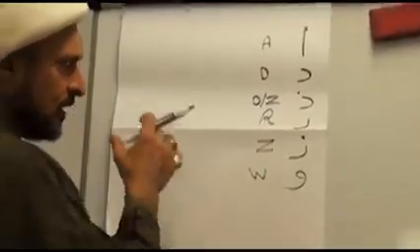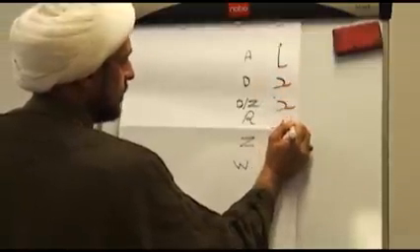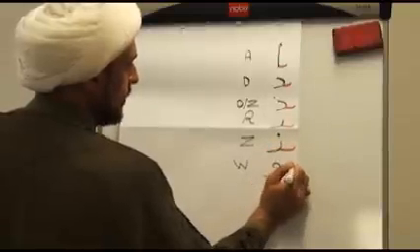So these alphabets do not connect from the left hand side. They connect to the right hand side. If we want to connect something, they can connect to the right hand side.